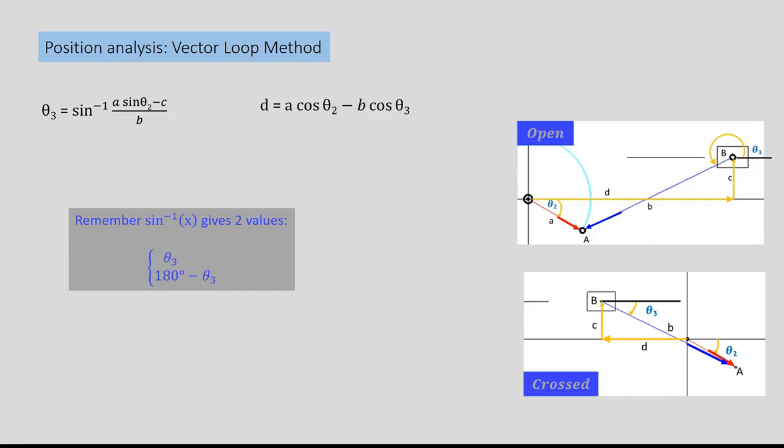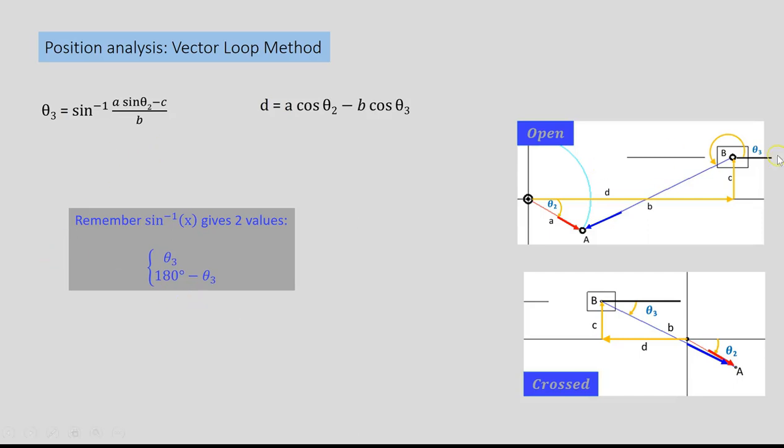So why open and cross configuration is important? Because for crank slider equations, you will not be given any separate equations for both configurations. So from the same equation, depending on which configuration you're identifying, your answer would be different.